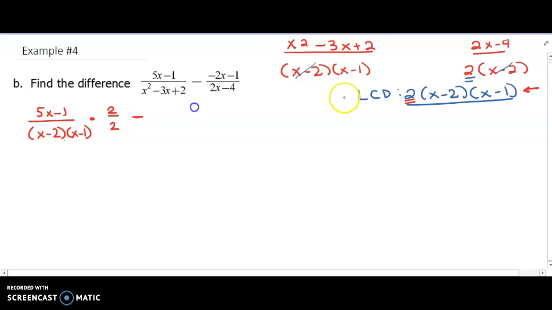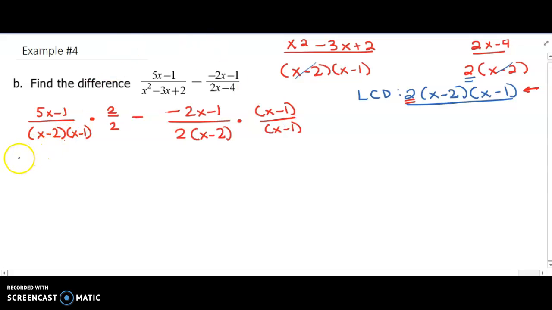Then I'm going to subtract, and I have (-2x - 1) over the factored form of the denominator, which is 2(x - 2). Now notice the only thing I'm missing is my x minus 1. So I'm going to multiply (x - 1) over (x - 1).